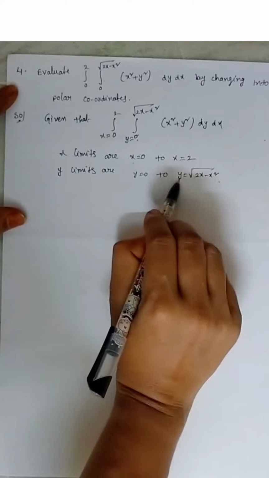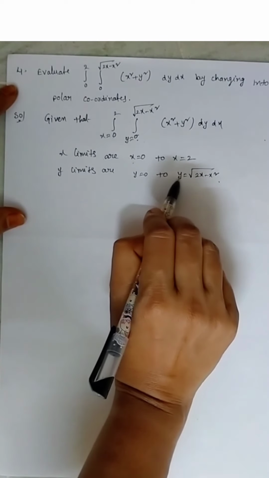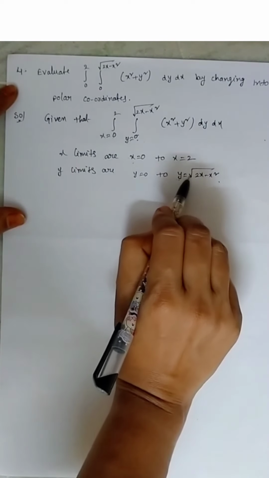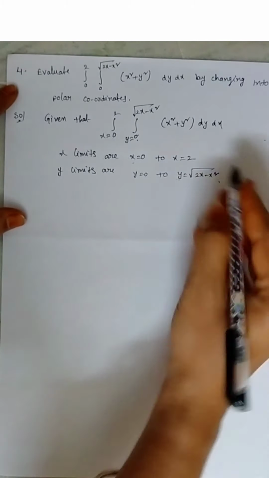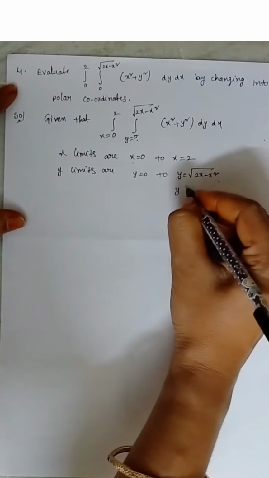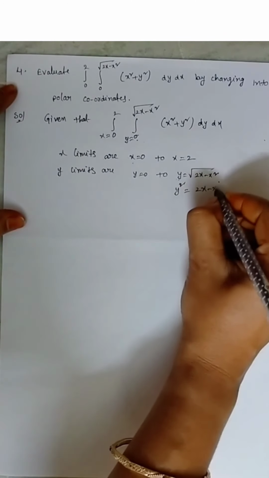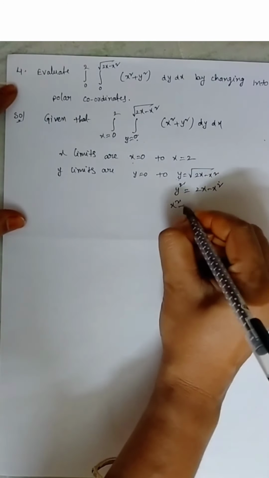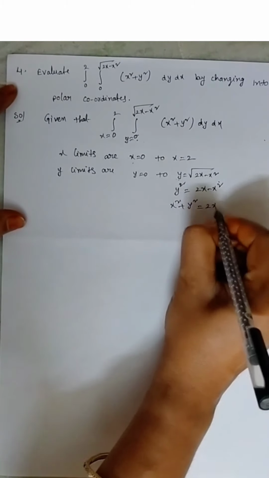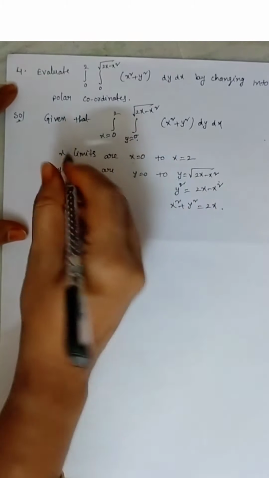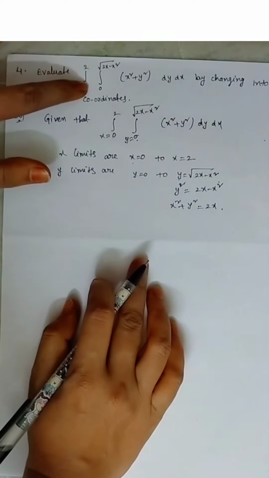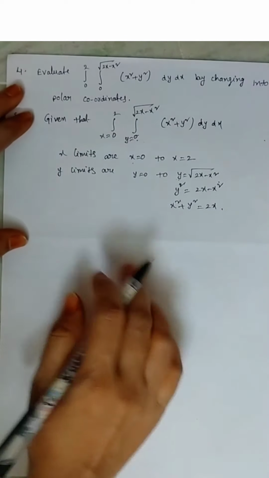If any limit is in the form of square root of something, then squaring on both sides, y square equals 2x minus x square. So x square plus y square equals 2x. Now we have to find this integration by changing into polar coordinates.